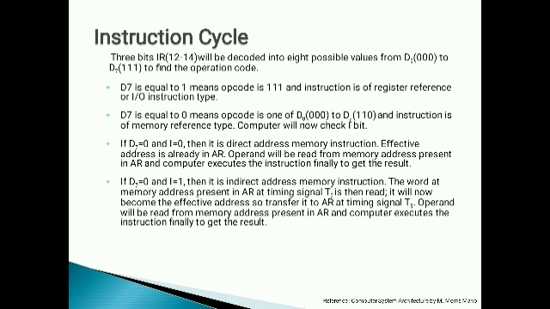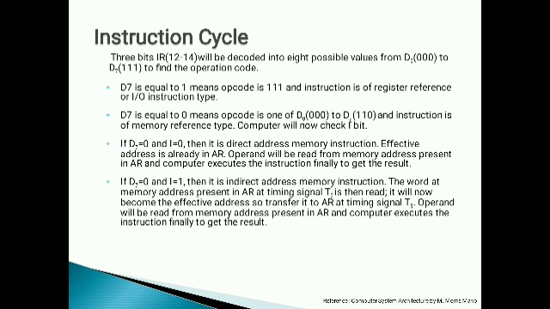Now if D7 is equal to 0, it means our opcode is one of the values from 0 to 6, either D0 to D6, and the instruction is of memory reference type.